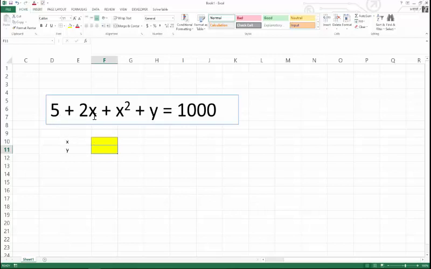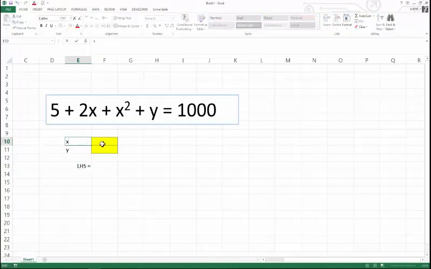So it's 5 plus 2 times x plus x squared plus y. For instance, you can say the equation's left-hand side is equal to, and you can put it here like that.